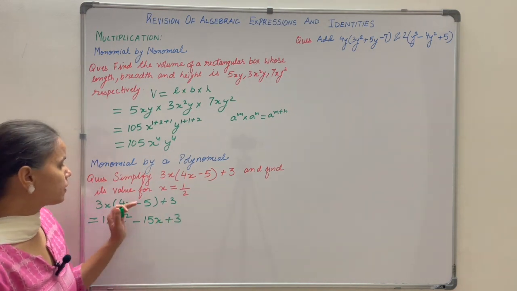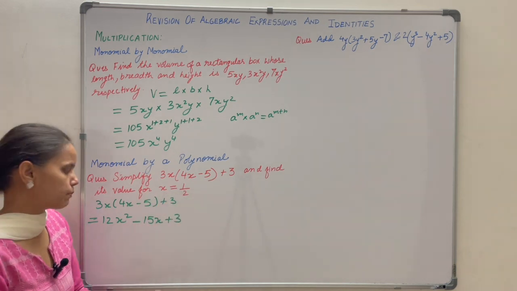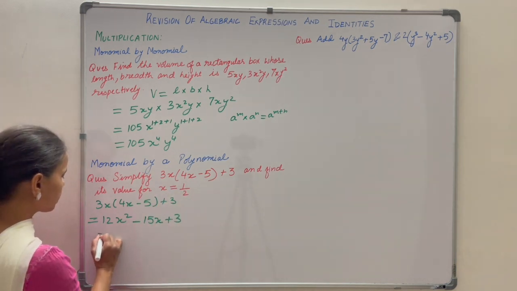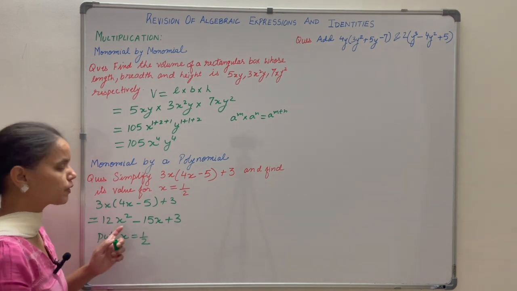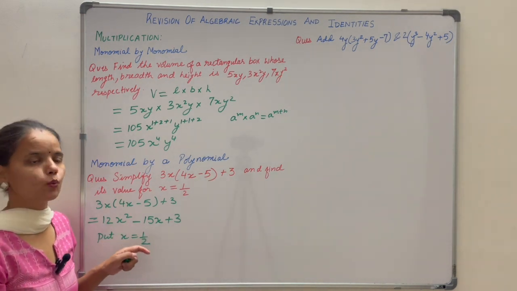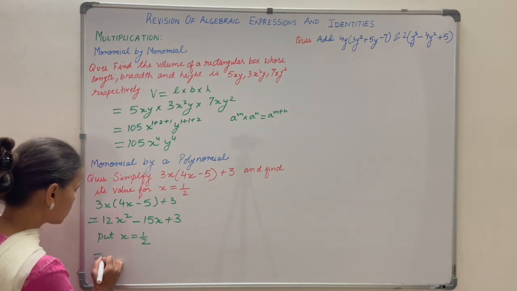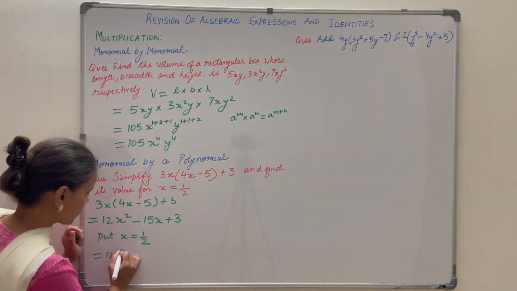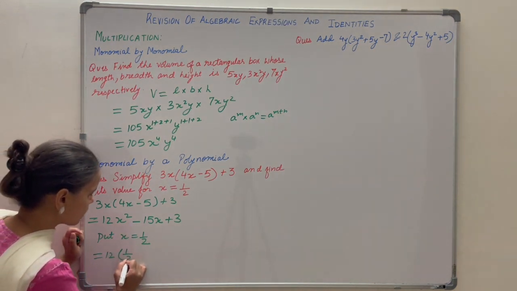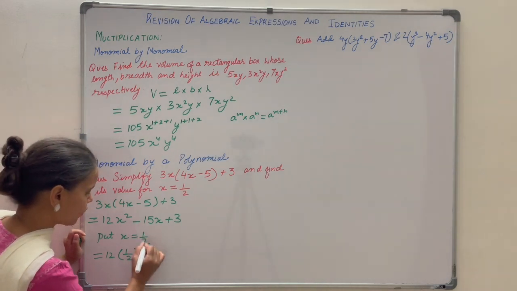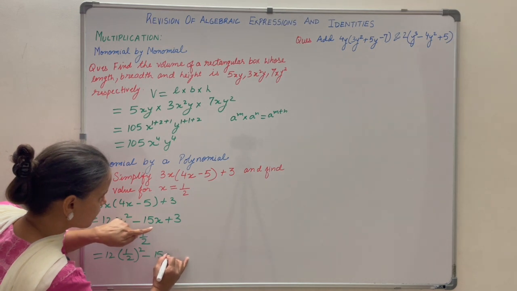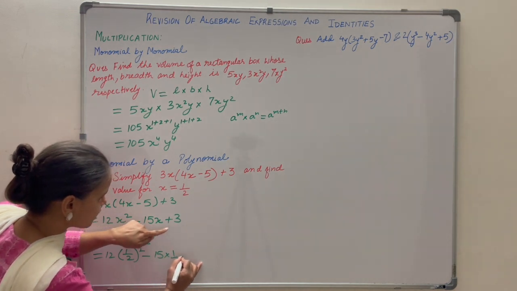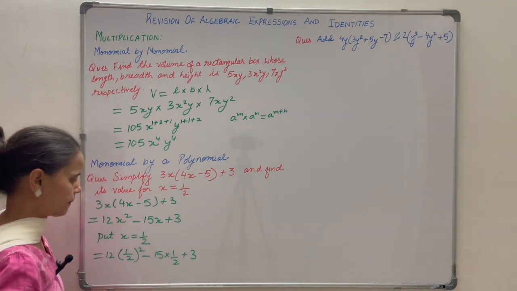Now you need to find the value for x equals 1 by 2. So let us put x equals 1 by 2. We just replace x with 1 by 2. So this is equal to 12, instead of x we are writing 1 by 2 whole square, minus sign as it is, 15 instead of x 1 by 2, plus 3.